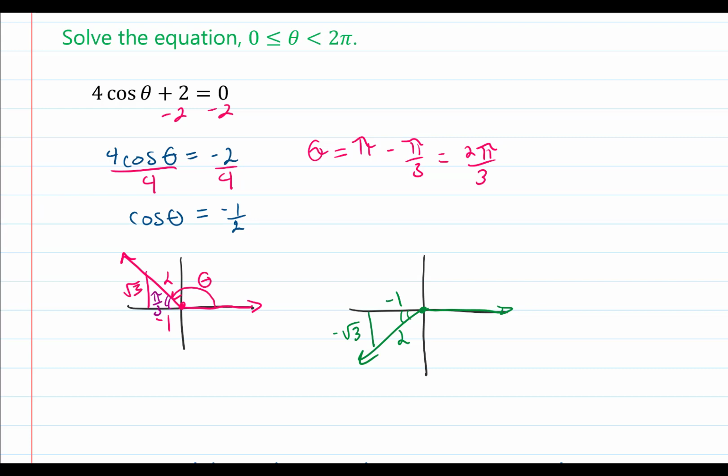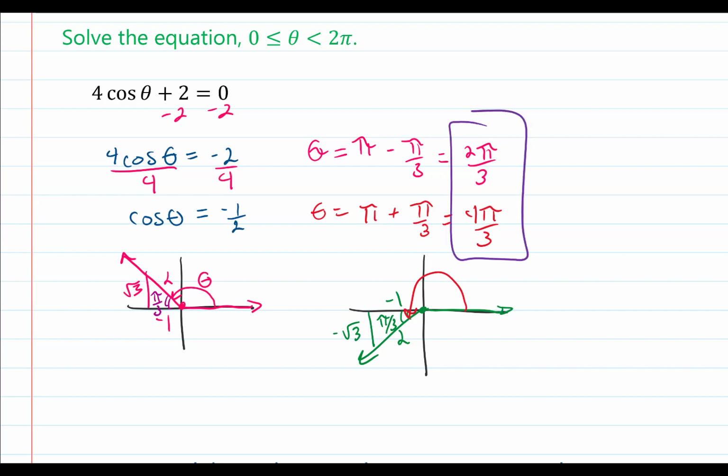The reference angle, however, is the same of pi over 3. So now my goal is to find this angle here, which is going to be theta is equal to pi plus pi over 3, which means it's 4 pi over 3. So your two solutions to this equation are 2 pi over 3 and 4 pi over 3. All right, guys, good luck.